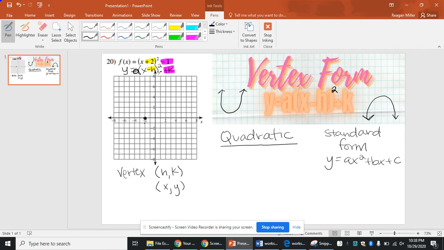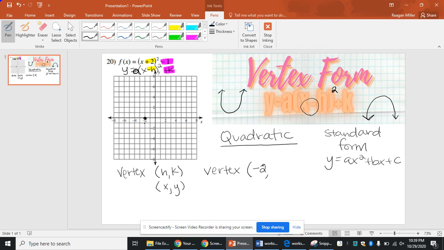So the information that we're given here in our example is where we have H, we have a positive 2. But if you'll notice in vertex form, there's a subtraction sign or a negative right here in front of the H. That means if your equation looks like our example does here, that 2, when we're figuring out what our vertex is, that H is actually going to be a negative.